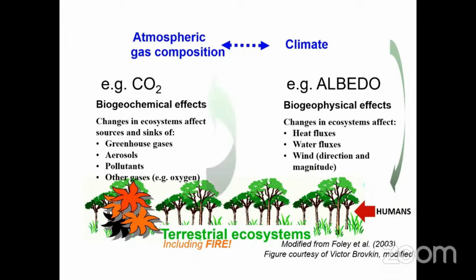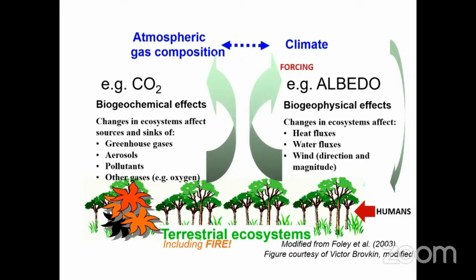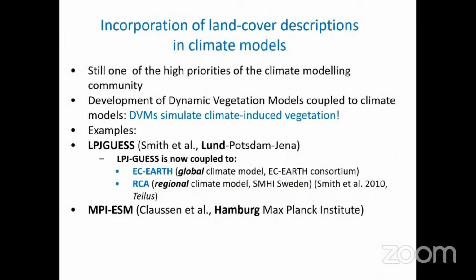But then you also have humans interacting with these ecosystems, and you also have the ecosystems themselves providing the cover and giving a feedback. So you have forcing because of the humans and also because of the climate, which is interlinked. And you also have feedbacks from the atmospheric system, which has been so modified, back into the terrestrial ecosystems, and so on and so forth.